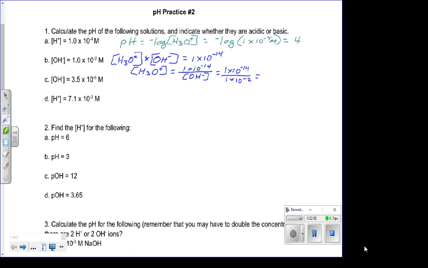And this should come out to 1 times 10 to the negative 12. Then we can take that and stick it into the equation for pH.